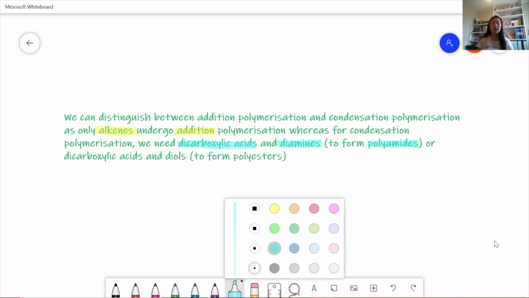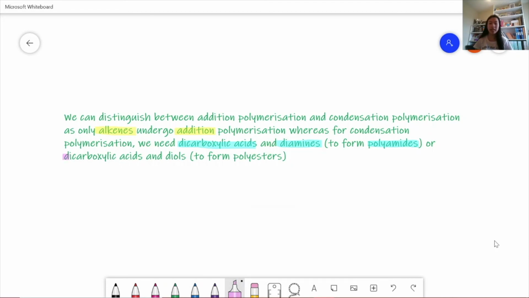So polyamides are a type of condensation polymer, or we could have dicarboxylic acids and diols to form polyesters, which is another form of condensation polymer. And so these addition polymers are these polyalkenes.